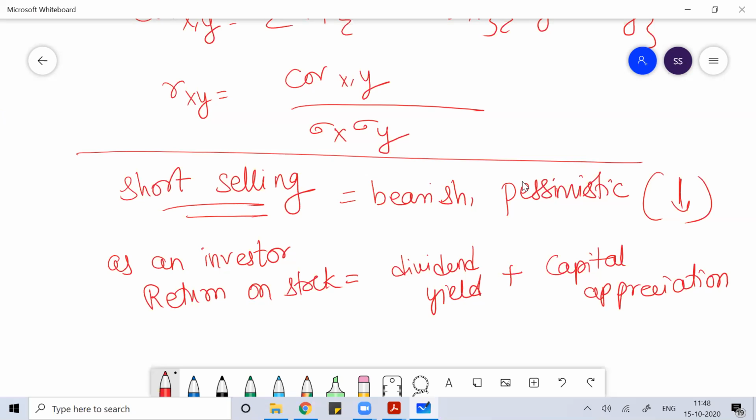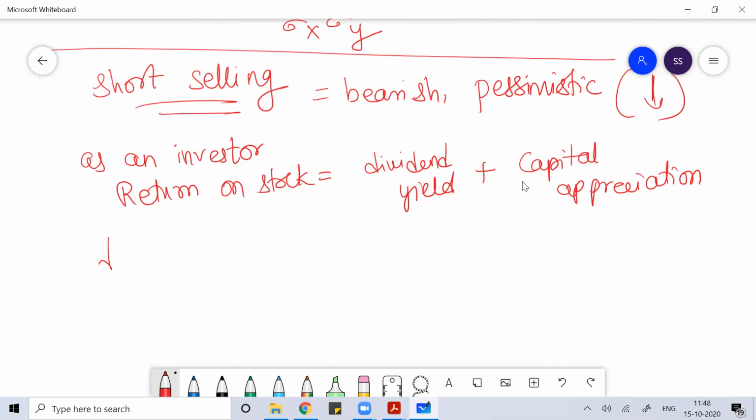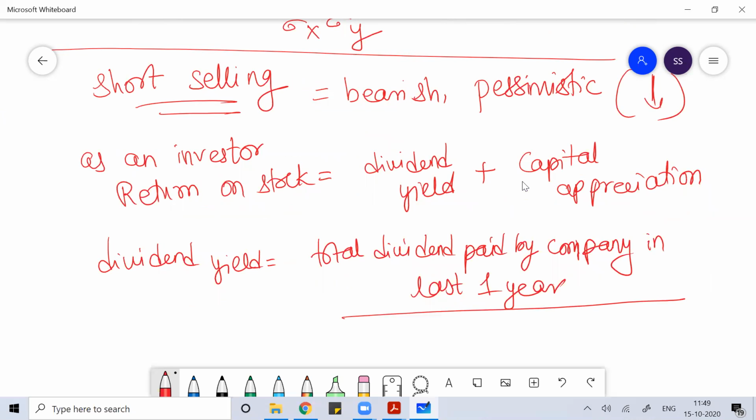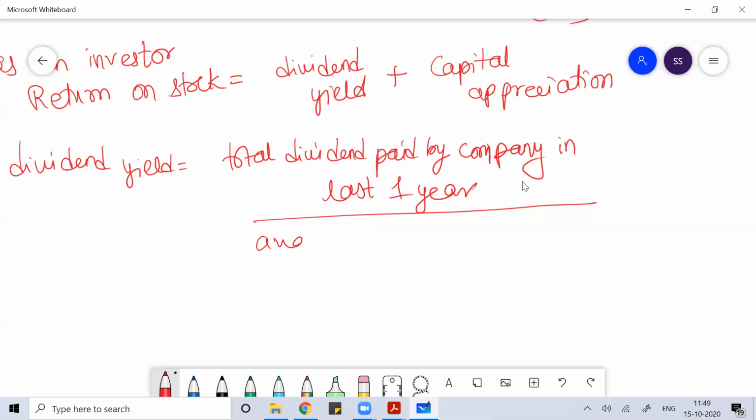Okay, so what is basically a dividend yield? Dividend yield basically means the total dividend paid by the company in the last 1 year, divided by the average market price of the share, into 100.